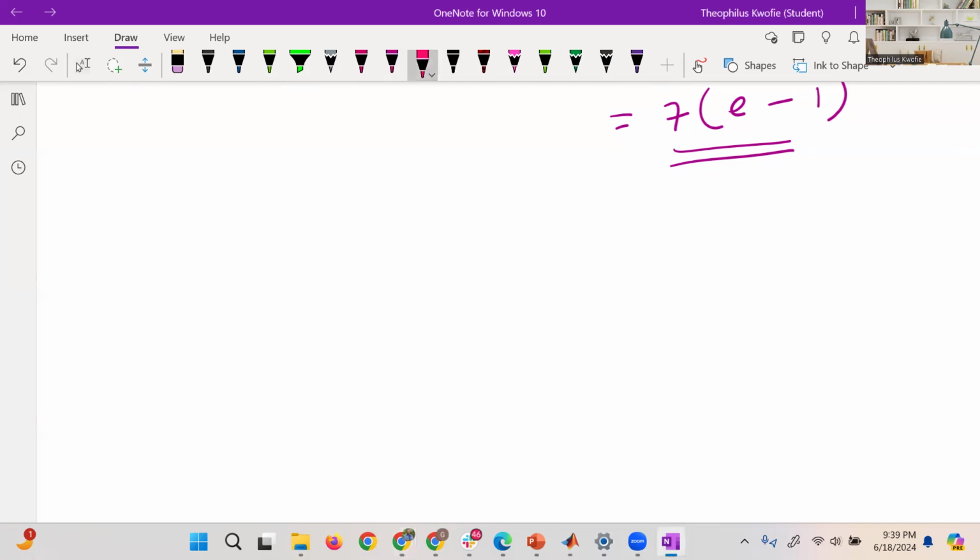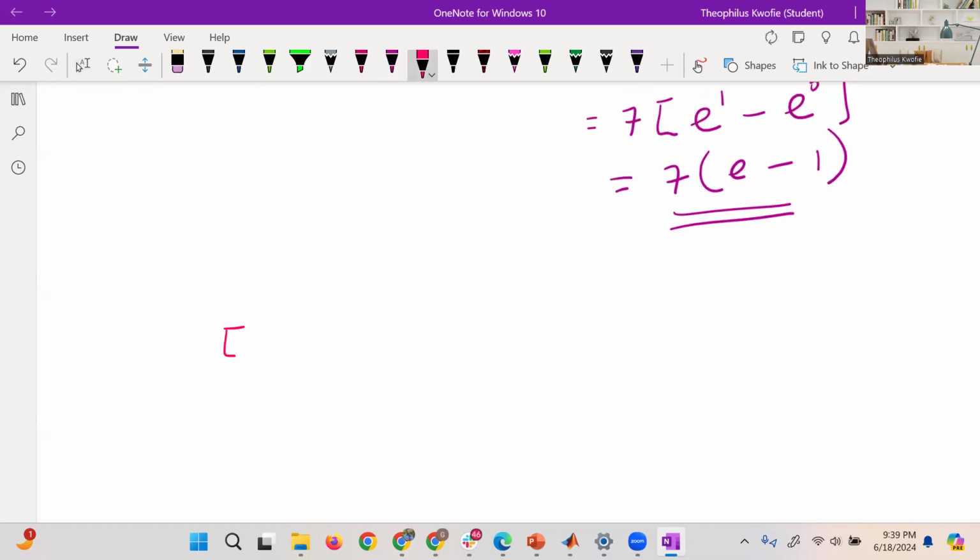So let's try this problem. The last problem, I guess, the last problem, then we can play with it. Okay, let me bring out some problem for us to solve and see.